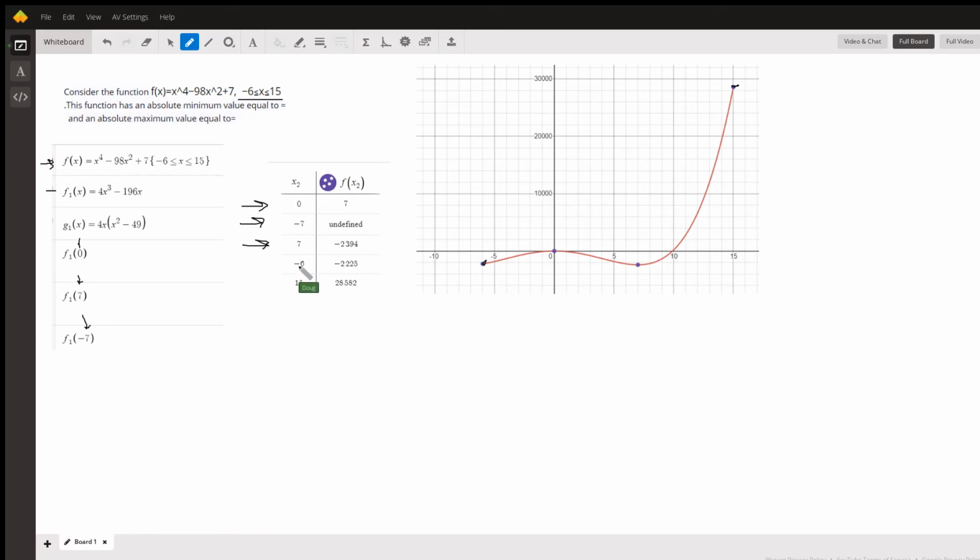And here are the endpoints of the interval, -6 and 15. There's no point in checking any other numbers in that interval from -6 to 15. The absolute minimum value occurs here at -6, which is this left-hand endpoint.